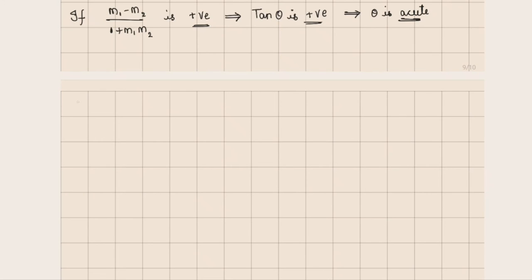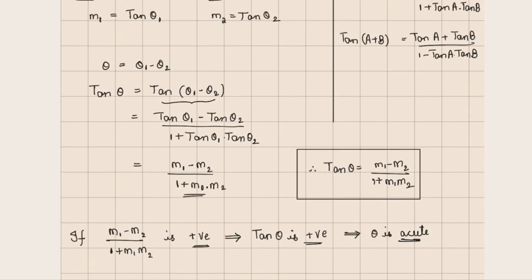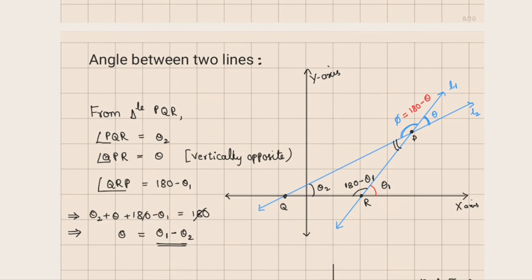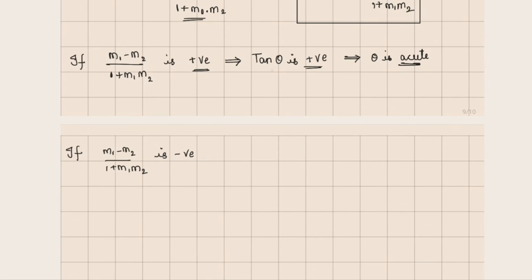In the other case, if m1 minus m2 by 1 plus m1 into m2 is positive, tan phi, where phi is 180 minus theta, is negative.